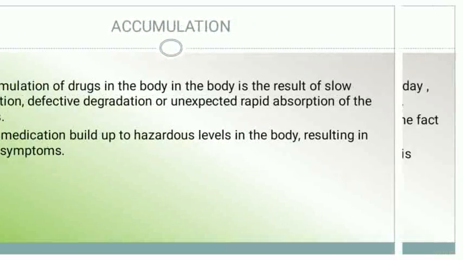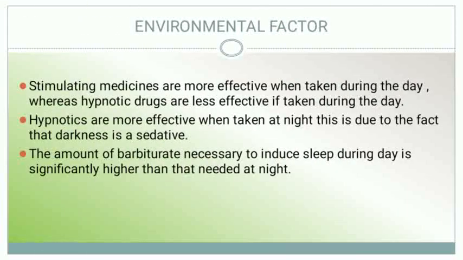Now, the next factor is environmental factor. Environmental factor also affects the dose of the drug. For example, stimulating medicines are more effective when taken during the day, whereas hypnotic drug, that is the drug which produces sleep, are less effective if taken during the day.